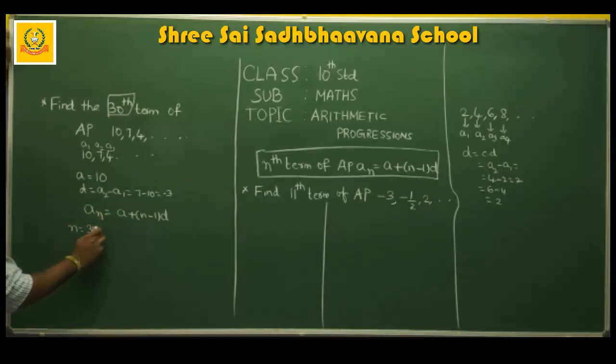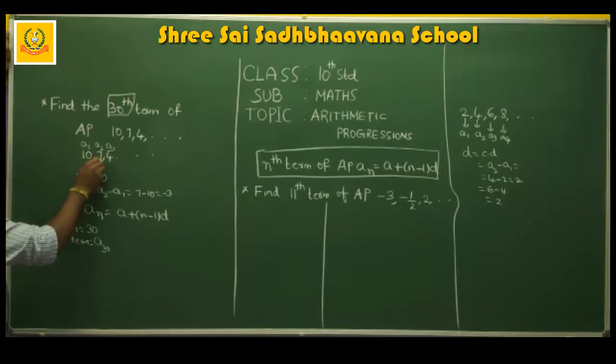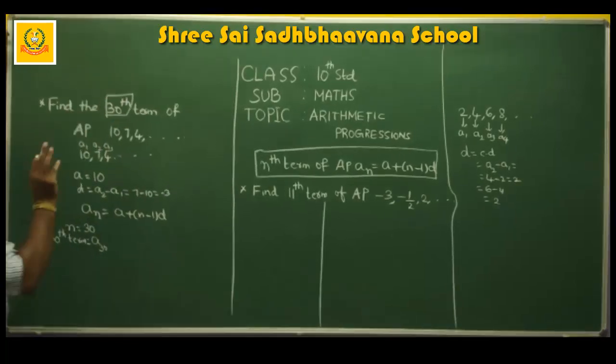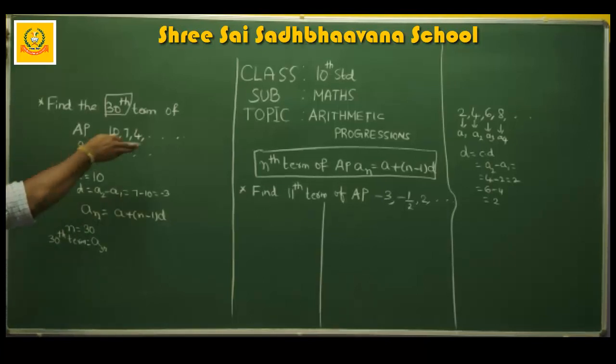So we are finding A suffix 30, the 30th term of this AP. It means first term, second term, third term, like that; if we keep on writing, the 30th one we are going to find. Otherwise we have to keep adding. Will it be possible to keep on writing like that? That is the reason. If you use this formula, directly you will get the term.